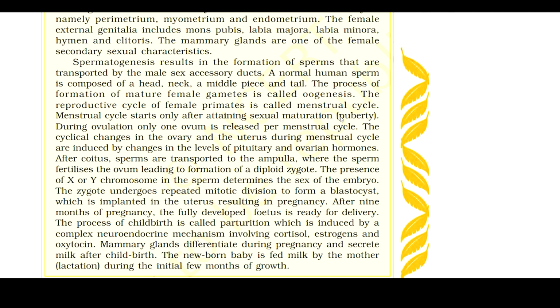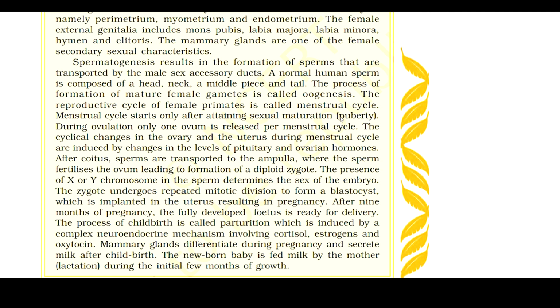fertilize the ovum, leading to formation of a diploid zygote. The presence of X or Y chromosome in the sperm determines the sex of the embryo. The zygote undergoes repeated mitotic division to form a blastocyst, which is implanted in the uterus, resulting in pregnancy. After 9 months of pregnancy, the fully developed fetus is ready for delivery.